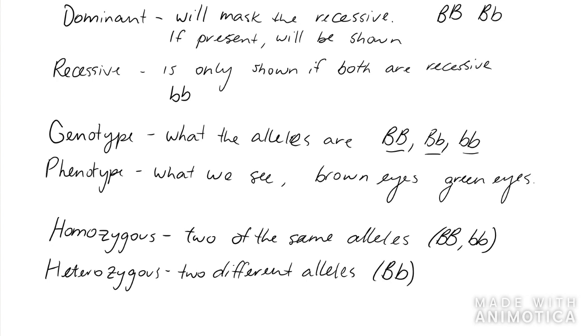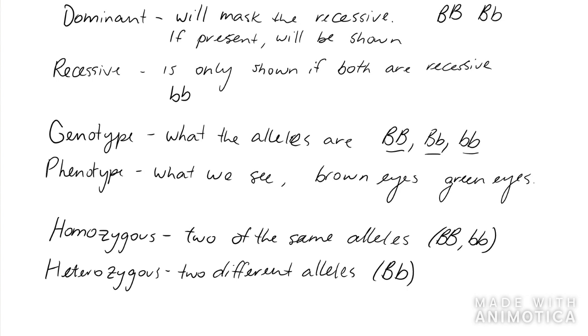Big B, little b. So you'll hear in some questions, especially in grade 10, it'll say something like homozygous dominant, homozygous recessive, or heterozygous dominant. So if it's heterozygous and dominant, that means it has to be big B, little b. It doesn't really exist to be heterozygous recessive, because if there are two letters, it's going to be the dominant one that shows through. Or you'll see homozygous dominant and homozygous recessive.